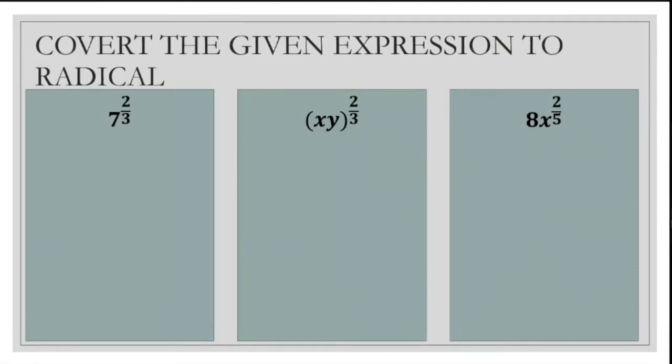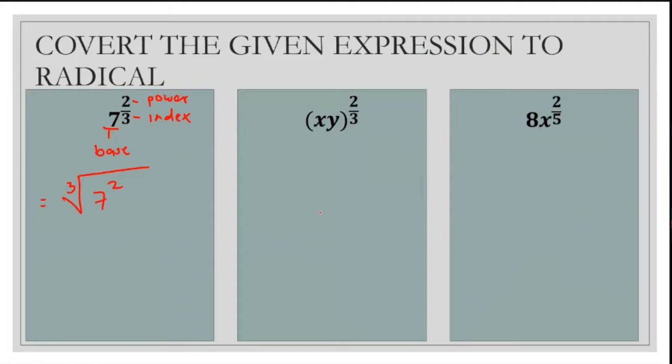Let's have 7 raised to 2/3. Basically, 7 is our base, 2 is the power, and 3 will be our index. So it will now become the radical with 3 placed as the index and 7 raised to 2 inside.